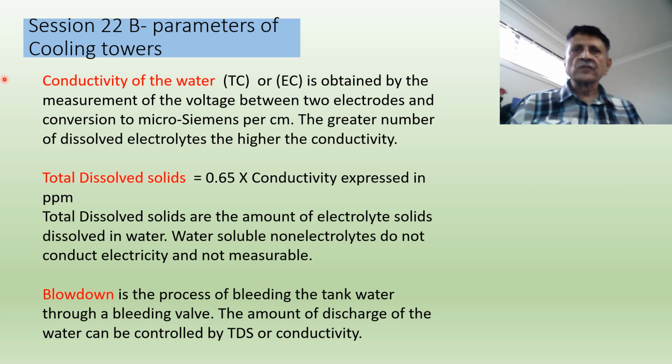The amount of discharge of the water can be controlled by TDS or conductivity. In other words, if you want to maintain the conductivity to say 1200 or 1500, then when the dissolved TDS goes above 1500, say maybe 1600, immediately the bleeding valve will open and water will be drained out.